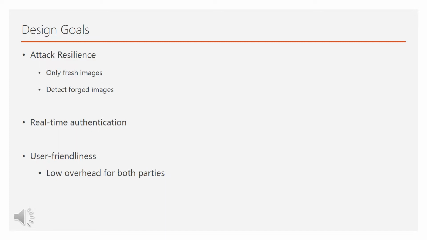They would like to use real-time authentication so that their security prevents against people using photographs from outside a specific time window. And they want their protocol to be user-friendly. They want the verifier and the user to have low overhead, which means not use very much bandwidth, be quick, and be efficient.